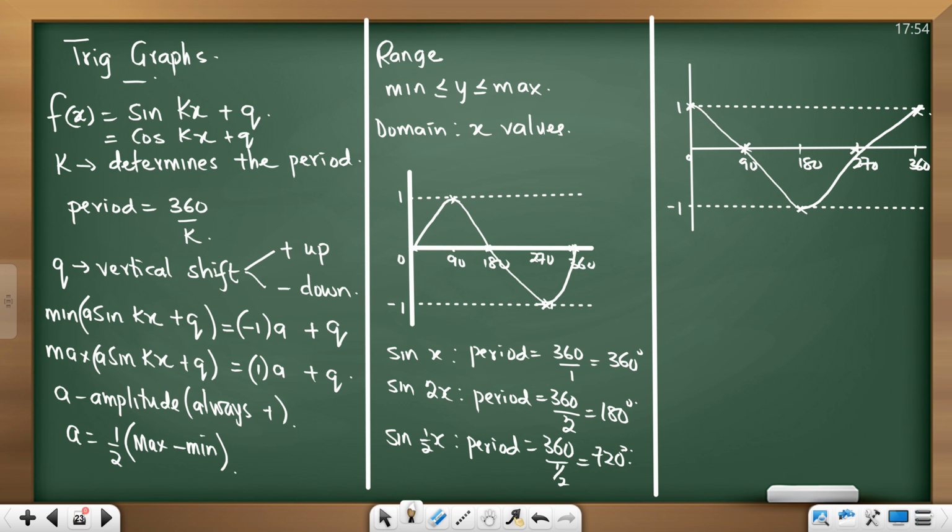K will tell us whether the graph is shrinking or being stretched. The bigger the value of K, the more the graph shrinks. If K is big, it means we are shrinking. If K is small, we are expanding.